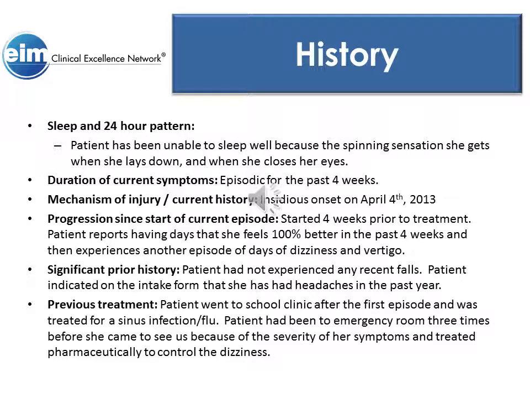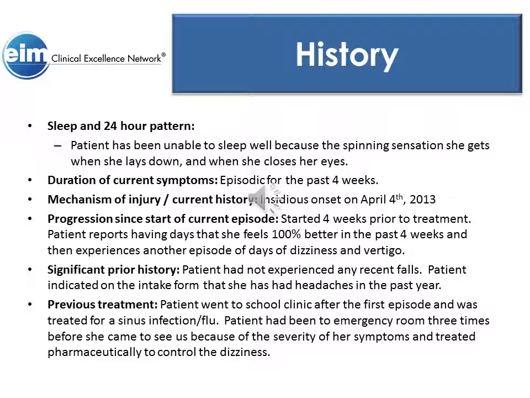She said she felt better for a few days after that, and then a few days later the vertigo would come back. So it was kind of these episodic periods where she would have the severe vertigo and spinning, and for a few days she would be better, and then it would get worse again. It was pretty episodic for the past 4 weeks, and as the weeks went by the vertigo got more intense, she had less duration between good days, and she had more bad days.